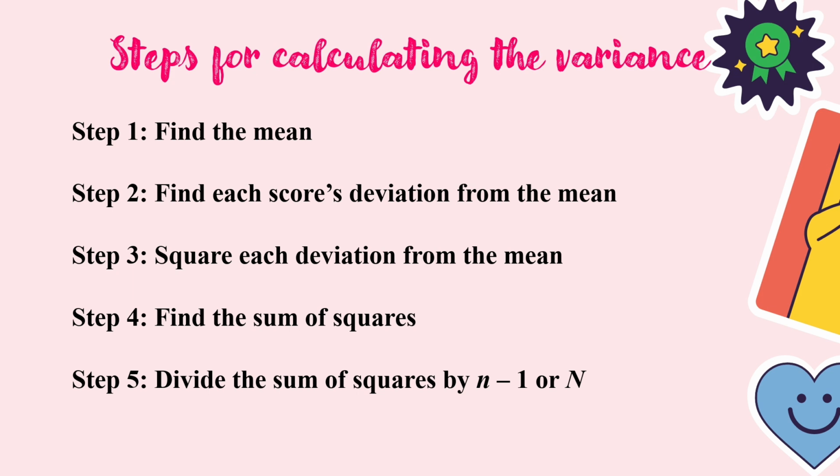Add up all the squared deviations, as this is called the sum of squares. Lastly, step 5 is to divide the sum of squares by n minus 1 for a sample, or by capital N for the population.